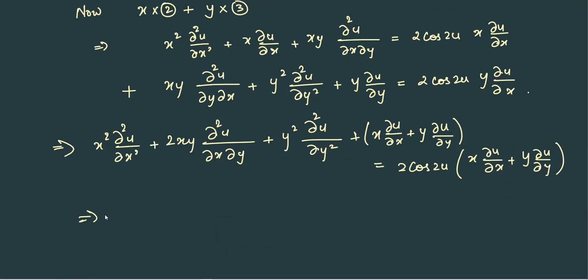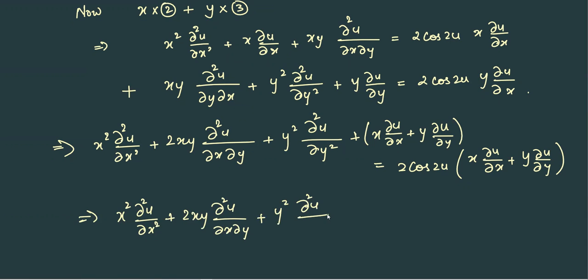Now that has been proven to be equal to sin 2u. So x² ∂²u/∂x² + 2xy ∂²u/∂x∂y + y² ∂²u/∂y² will be equal to, taking this to the other side, 2 cos 2u sin 2u minus sin 2u. So we get sin 4u minus sin 2u.